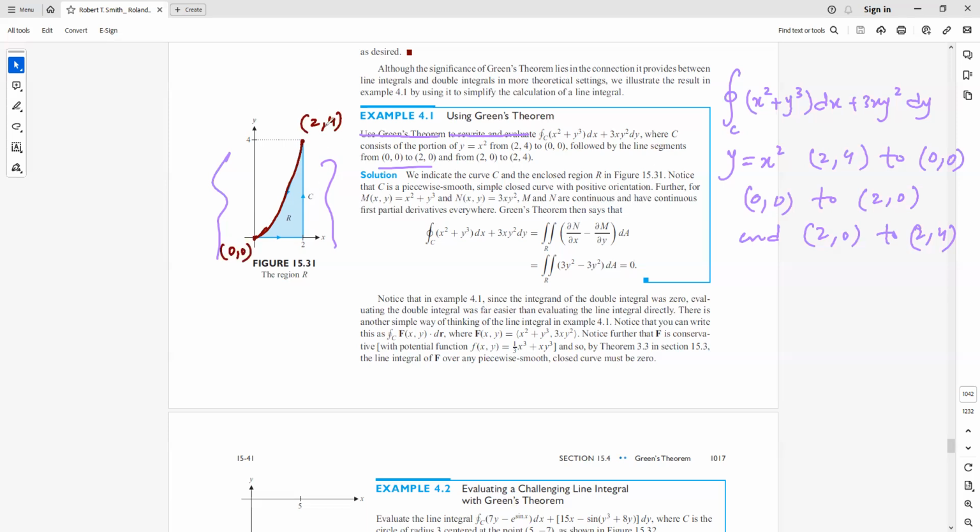So (2, 4) to (0, 0) means it is oriented this way, and then it is followed by the line segment from (0, 0) to (2, 0), this point here, and then from (2, 0) to (2, 4), that is this line here.